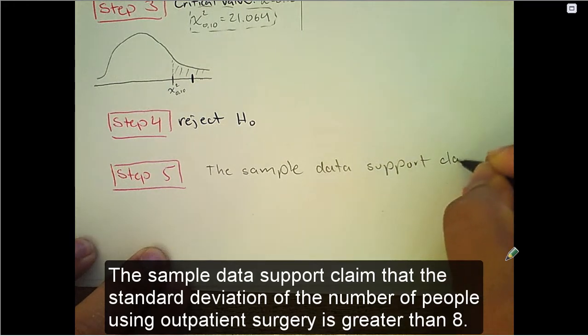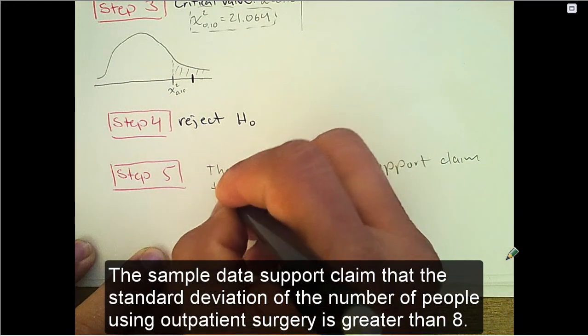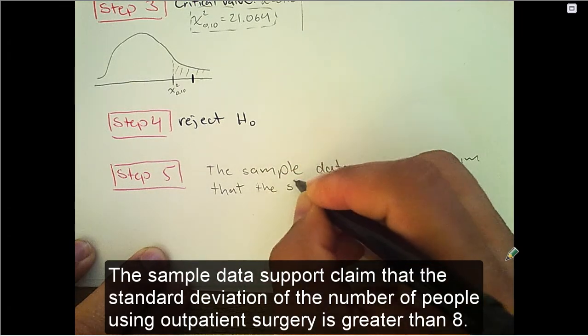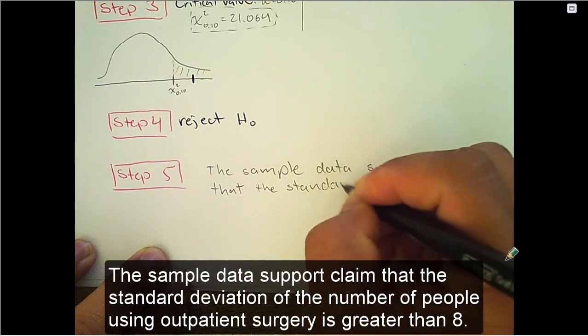The sample data support the claim that the standard deviation of the number of people using outpatient surgery is greater than 8.